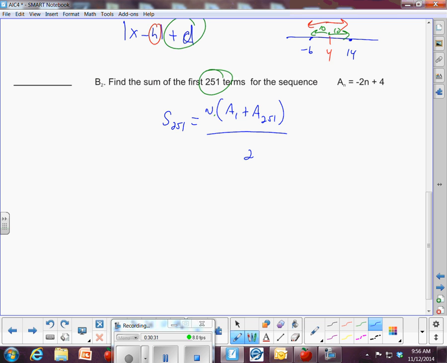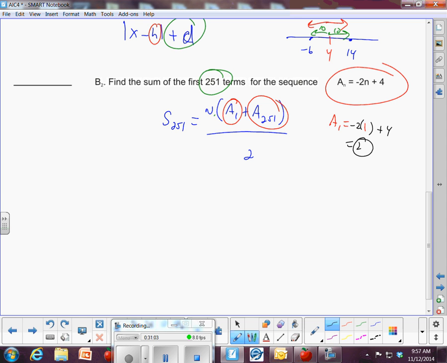So you need to find a sub 1 and a sub 251. Do you remember how to find it from this explicit formula? A sub 1 would be the value when you put 1 in for the variable, right? So a negative 2 and a 4 is a 2. A sub 1 is 2.